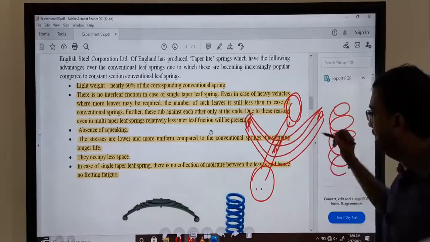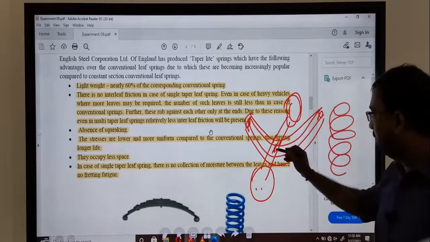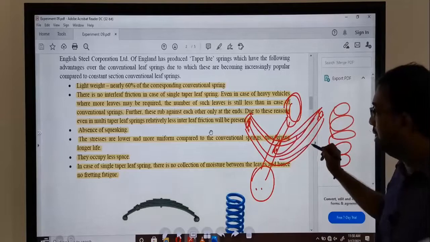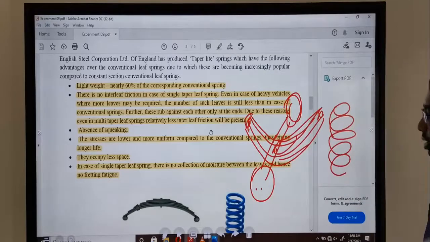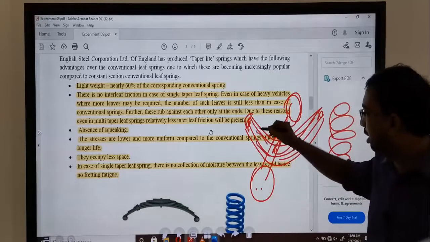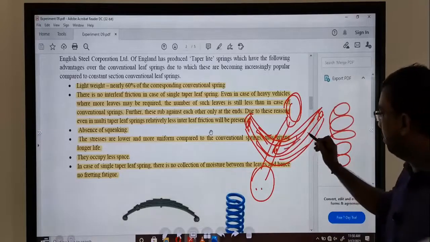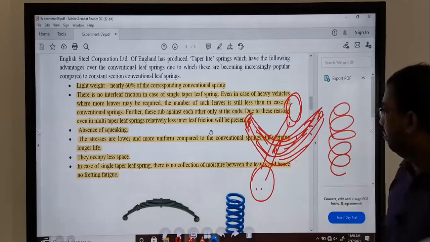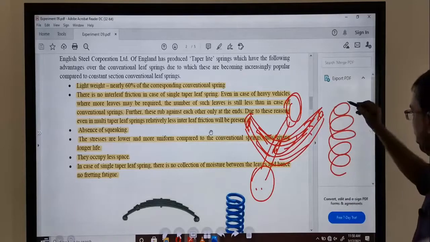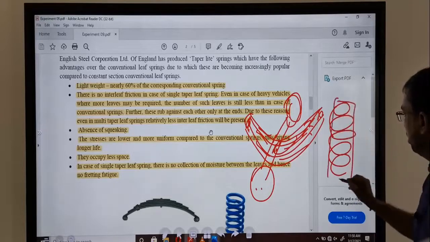So what happens? The stress is uniformly spread when absorbed. But here, this is not wide.